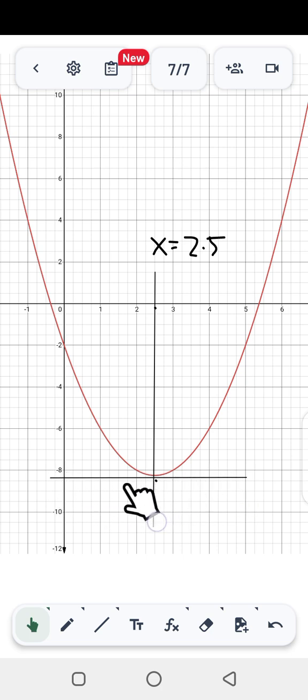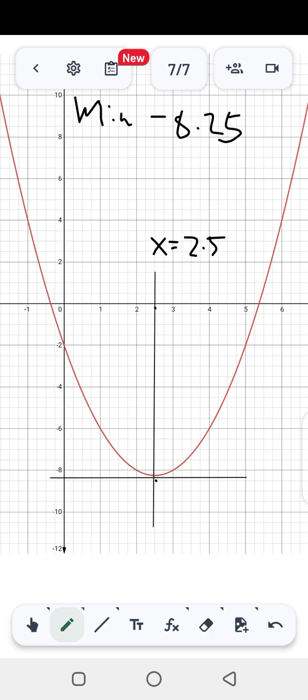So the minimum value is minus 8.25. This side is the minimum of the curve, so the value of y is what? Minus 8.25. That's the minimum value.